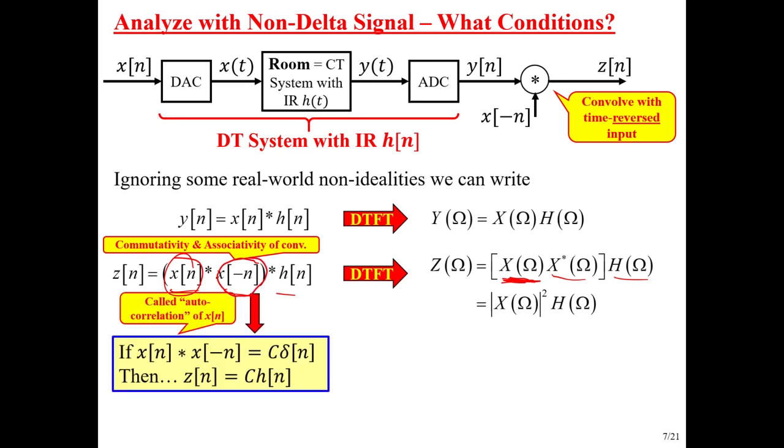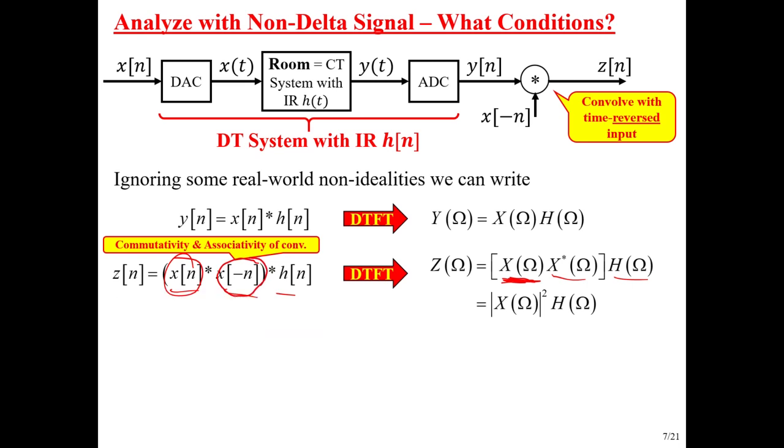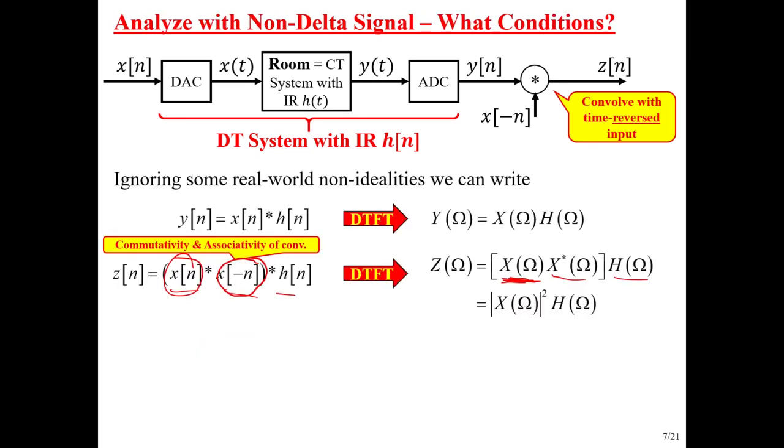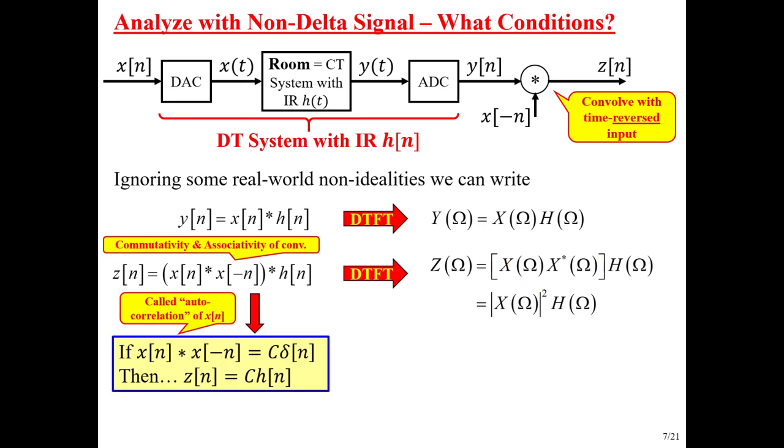The time reversal property tells us, I guess I lost one of my little call outs here, this comes from the time reversal property of the DTFT. So you can go look that up. And then the DTFT of the impulse response is the frequency response. And then we have something times its conjugate, which is magnitude squared. Okay, nice. So that's what we have.